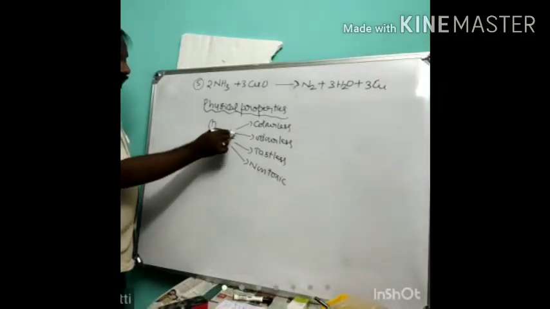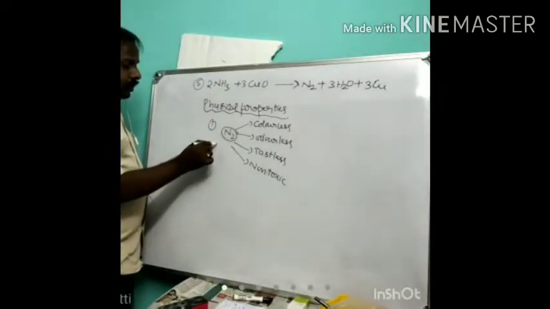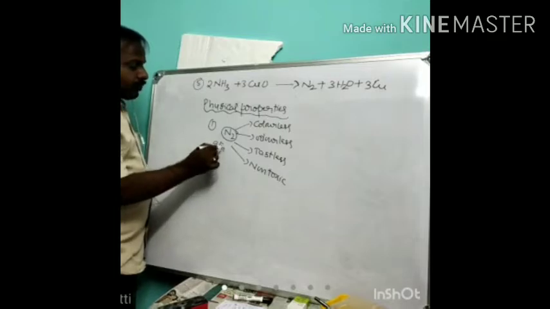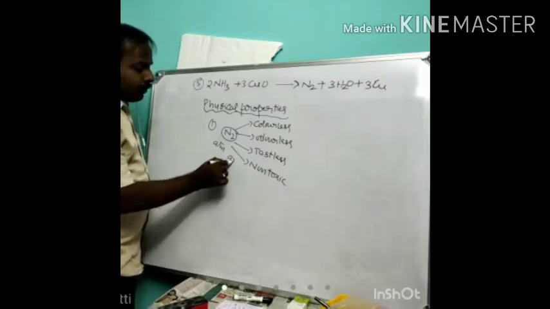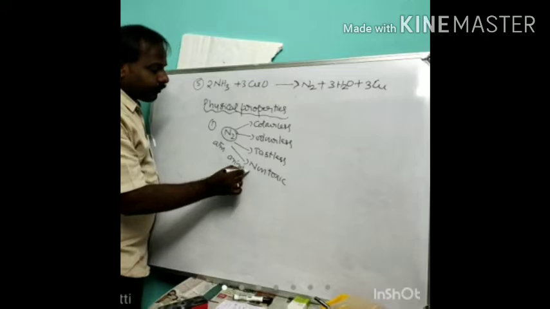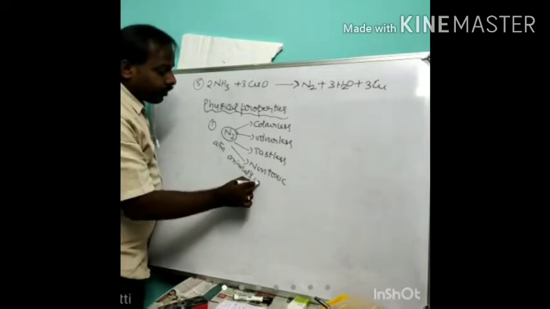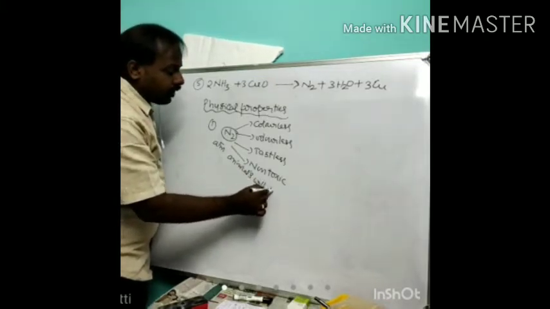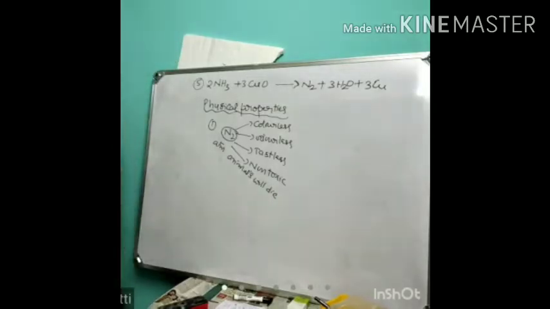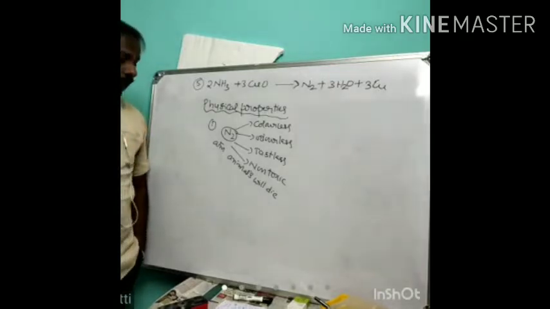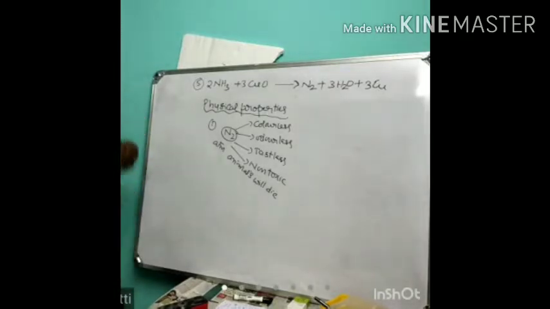But in a nitrogen atmosphere, animals will die due to lack of oxygen. Generally nitrogen is non-toxic, but in a nitrogen environment, animals will die because of lack of oxygen.